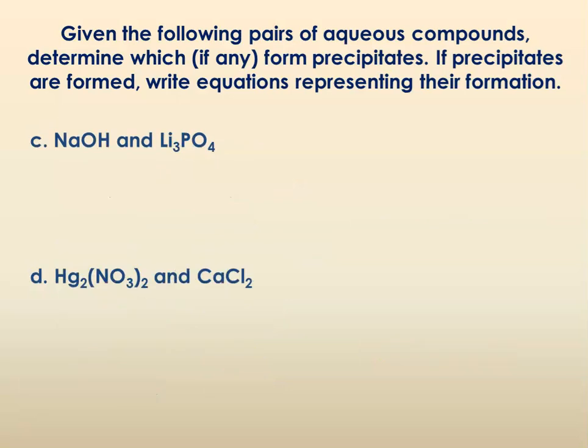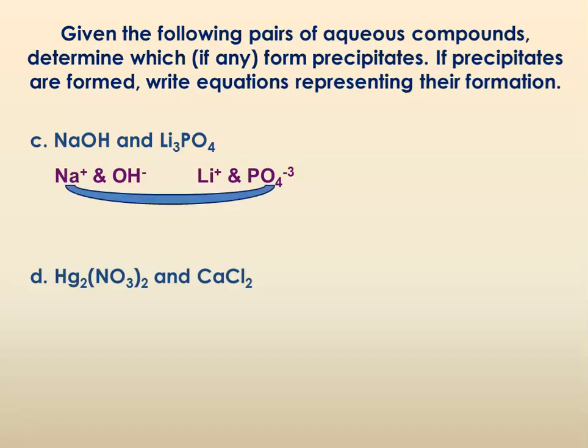In our next two examples, we have NaOH and Li3PO4. NaOH splits into its cation and anion, sodium plus and OH minus. Lithium phosphate would also produce ions in aqueous solution, lithium plus 1 and phosphate minus 3. Sodium and lithium switch partners. Sodium goes off with phosphate, lithium goes off with hydroxide, making Na3PO4.